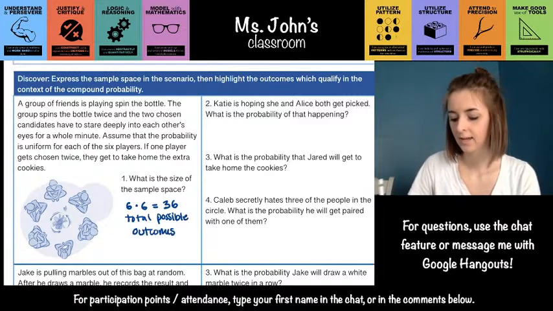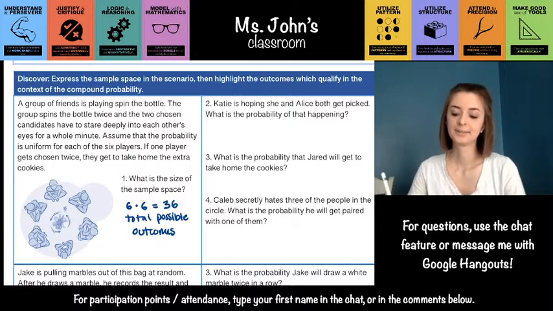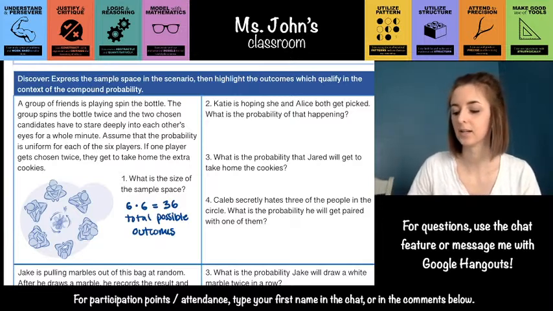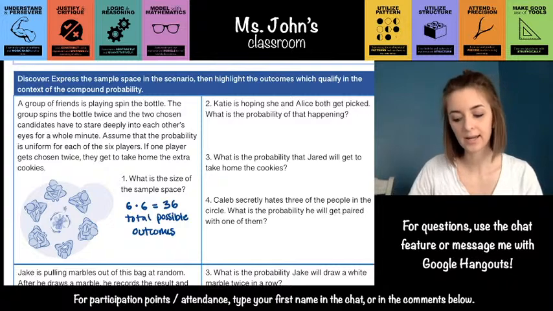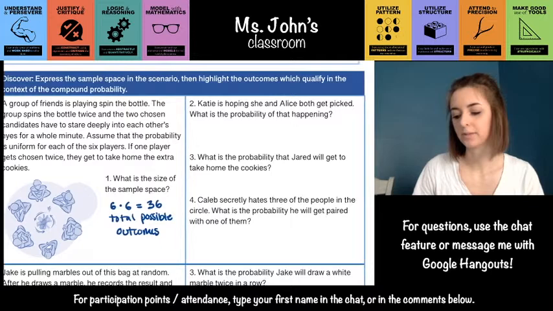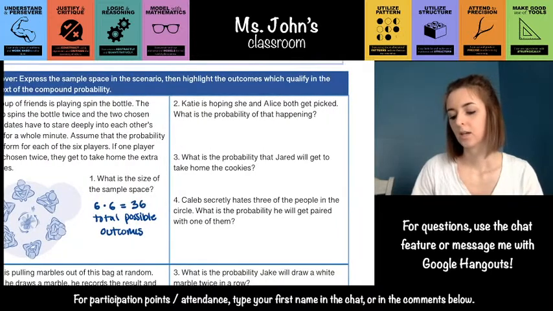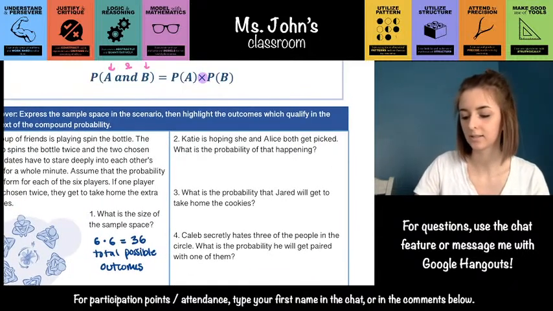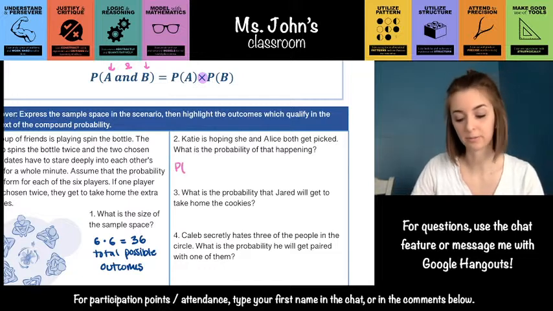Yes, there you go. Okay, so number 2, Katie is hoping she and Alice both get picked. What is the probability of that happening? So Katie is one person out of 6. So let's write this, using our probability notation.